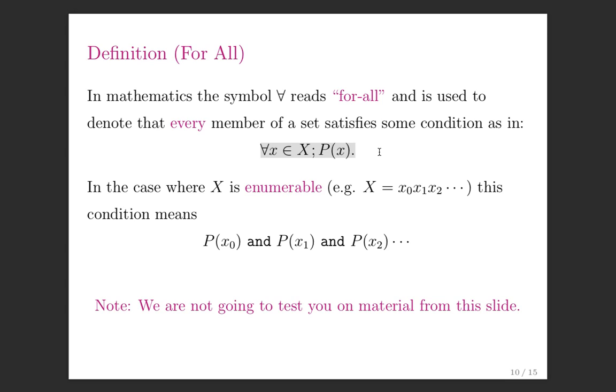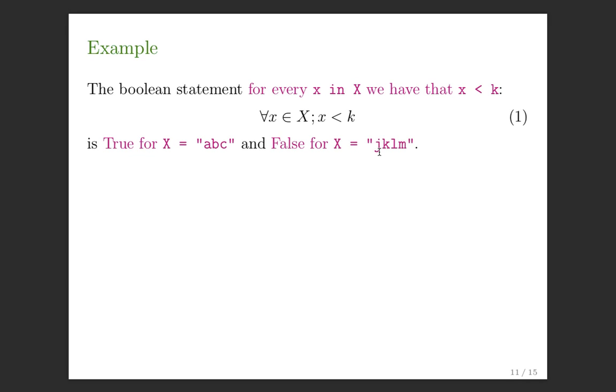For every means that for every member of the set, the member satisfies some condition. So I can write a more specific statement that says, for every x in X, for every maybe character in a string, we have that x is less than k. Oh, this should be k with quotations.